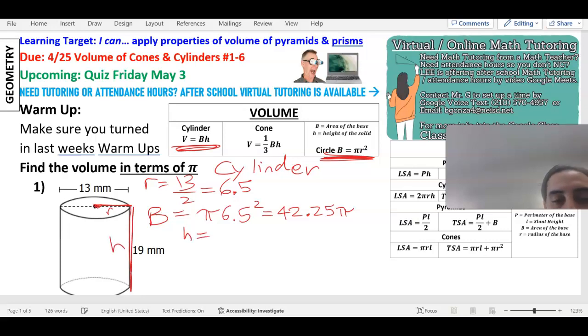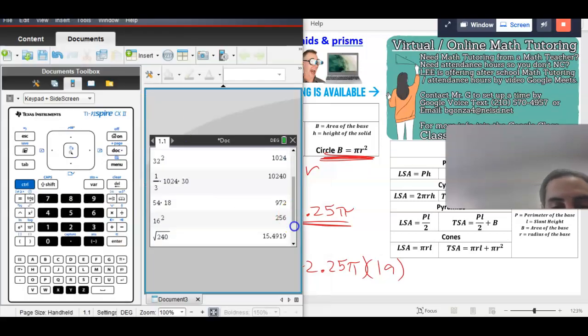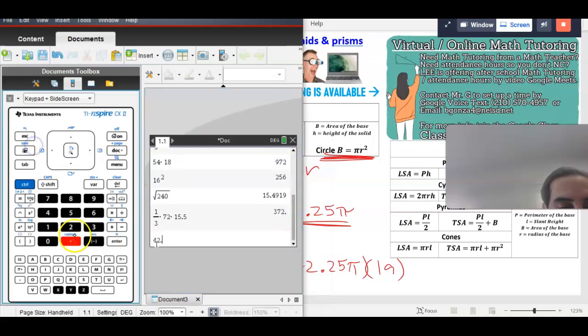19. So once I know the base and the height, I'm going to type it into the formula for a cylinder, big B H. So big B is 42.25 pi times the height of 19. So I'm going to do 42.25 times 19.